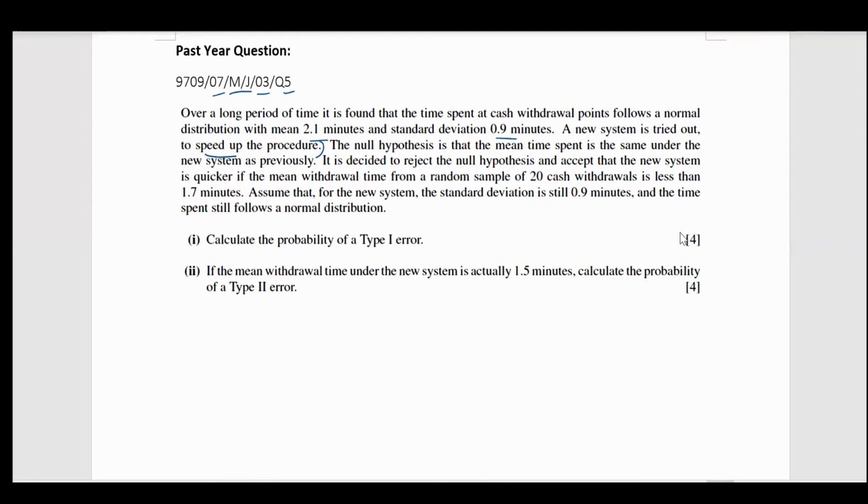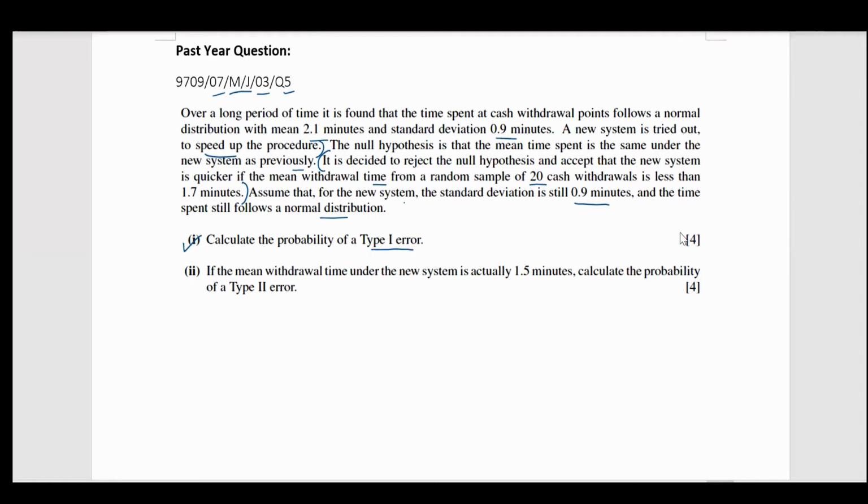The null hypothesis is that the mean time spent is the same under the new system as previously. It is decided to reject the null hypothesis and accept that the new system is quicker if the mean withdrawal time from a random sample of 20 cash withdrawals is less than 1.7 minutes. Assume that for the new system, the standard deviation is still 0.9 minutes and the time spent still follows a normal distribution. Part 1: calculate the probability of a type 1 error.